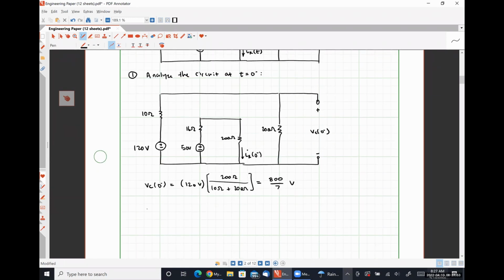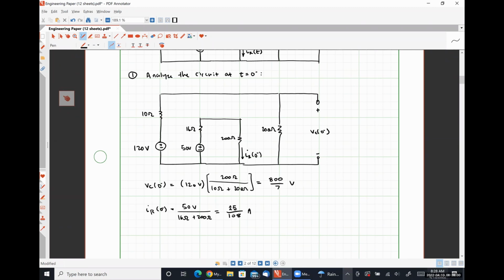And IR of 0 minus is 50 volts divided by 16 ohms plus 200 ohms, which looks like a current of 25 over 108 amps.